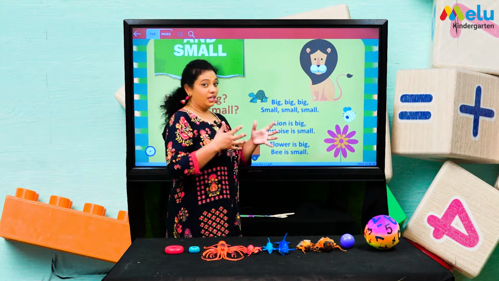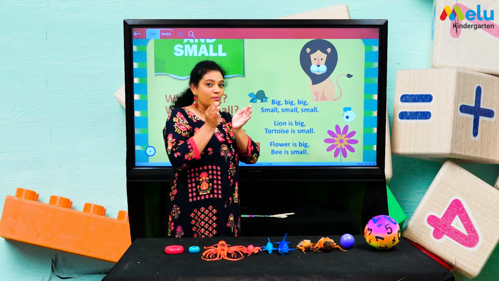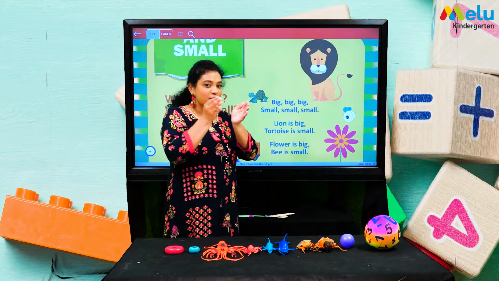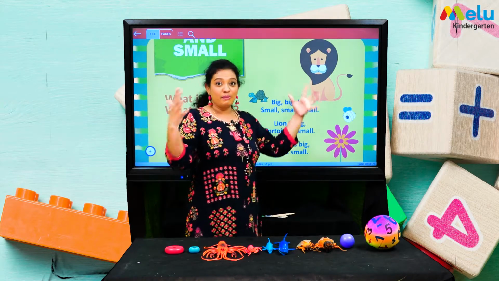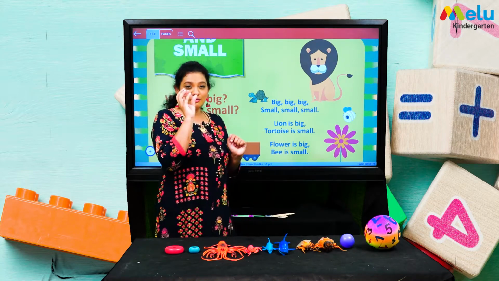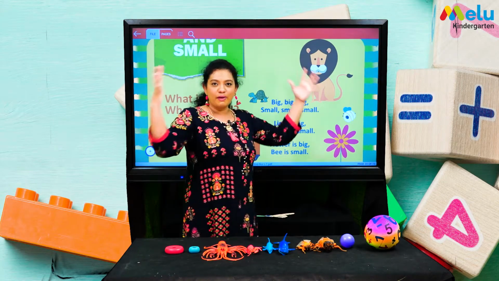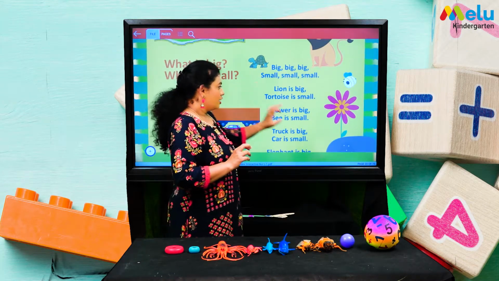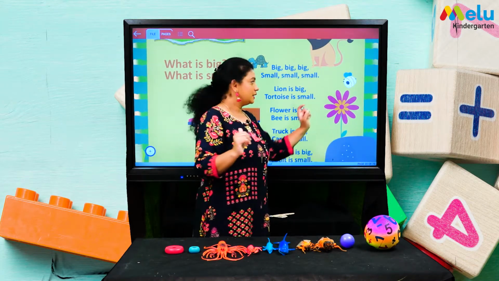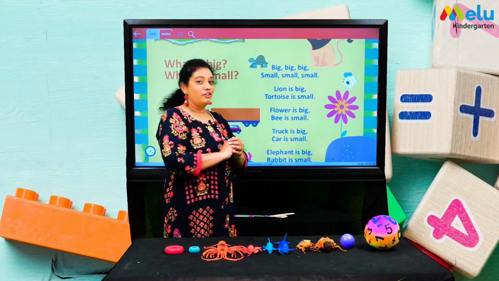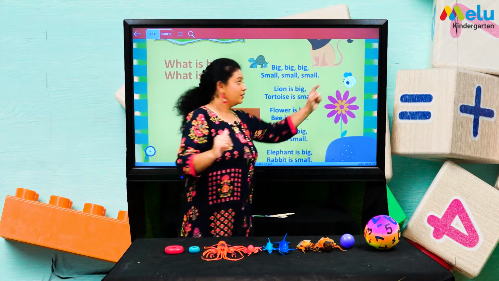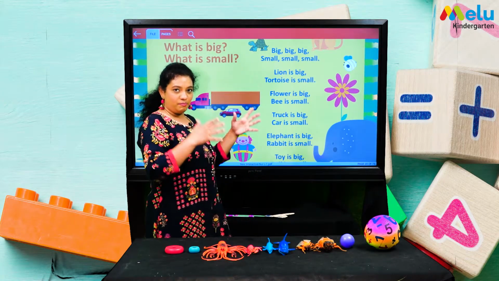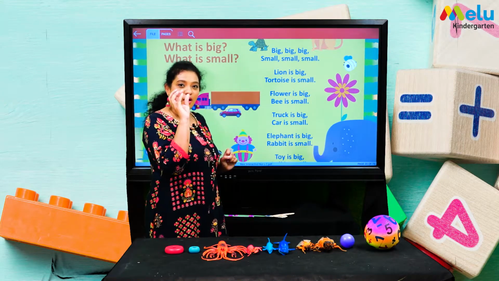Big, big, big, small, small, small. Lion is big, tortoise is small. Flower is big, bee is small. Truck is big and car is small.